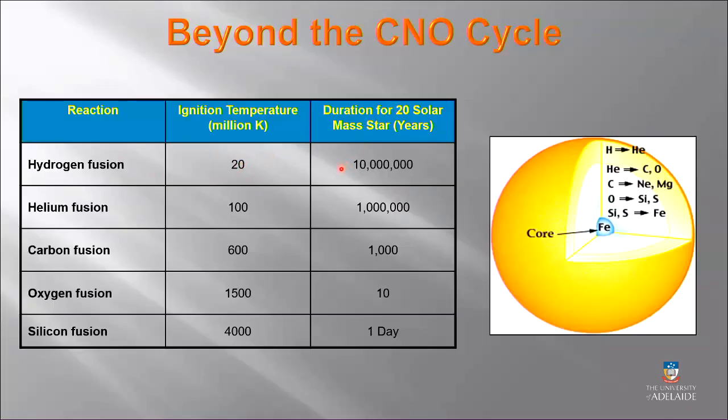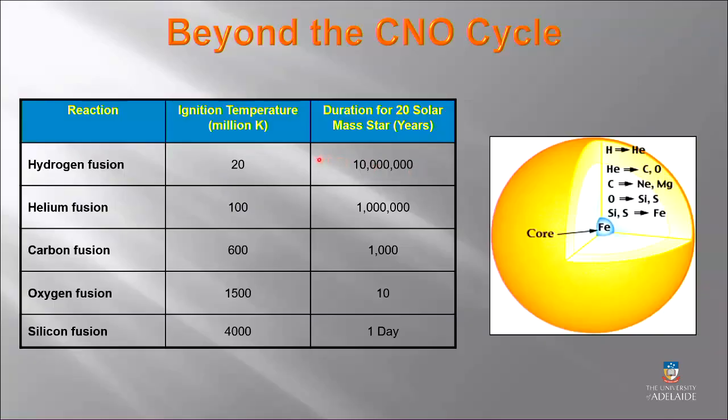So you can see here, for a more massive star, because of the higher core temperature, it chews through the fuel much more rapidly than a low mass star. Even though it's got more fuel to start with, it consumes it at a much, much greater rate. So it chews through that hydrogen in about 10 million years, which is about 1,000 times quicker than the sun.